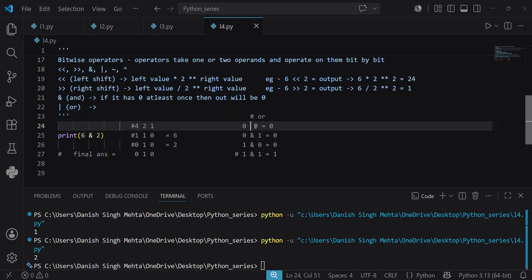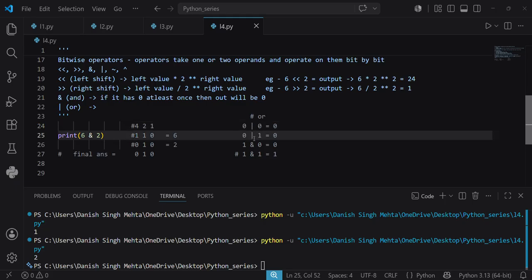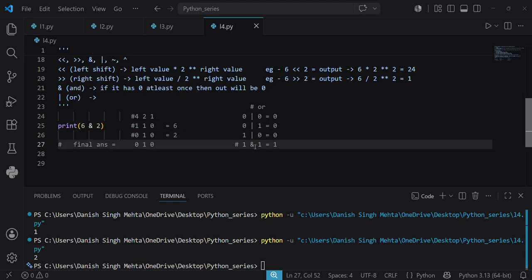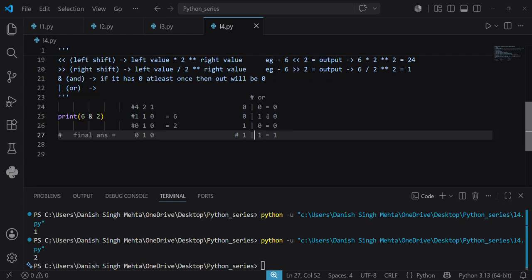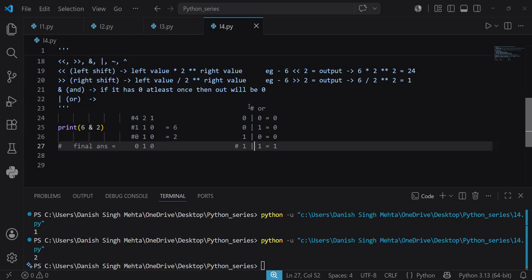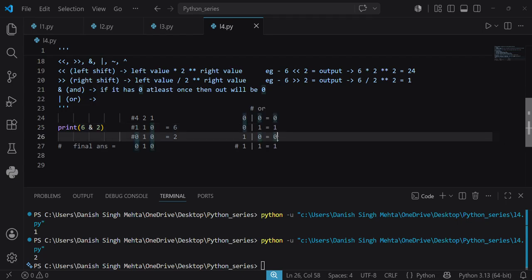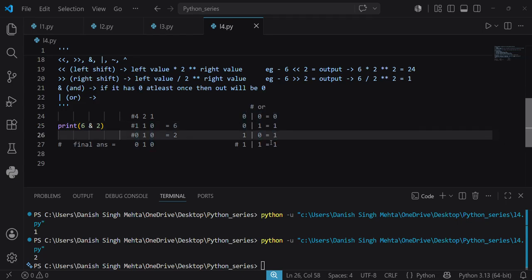Here the symbol of OR is this straight line. And in OR, 0 and 0 is 0, 0 and 1 is 1, 1 and 0 is 1, and 1 and 1 is also 1.